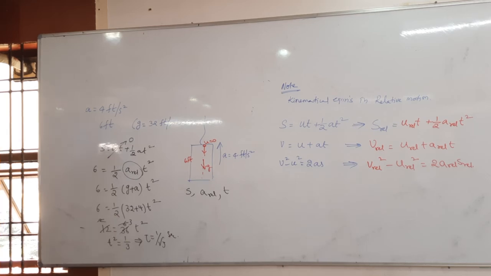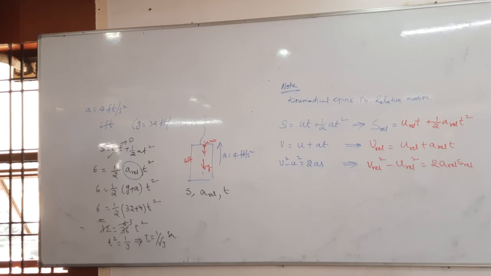A truck is moving across on the ship with velocity 4 meters per second.